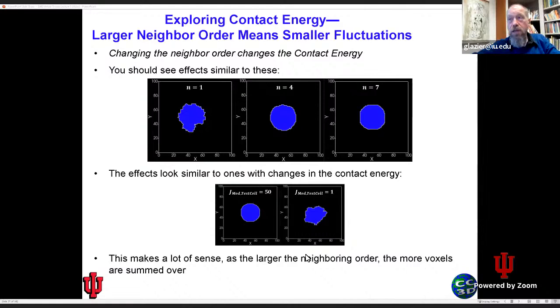And so in the basic declaration of the cell lattice, you'll be declaring a neighbor order. And that's for doing voxel copies. So that says, if I try to replace a voxel with my current voxel, how far out can I reach? And the idea here essentially is how far can the membrane of the cell fluctuate in a time step.